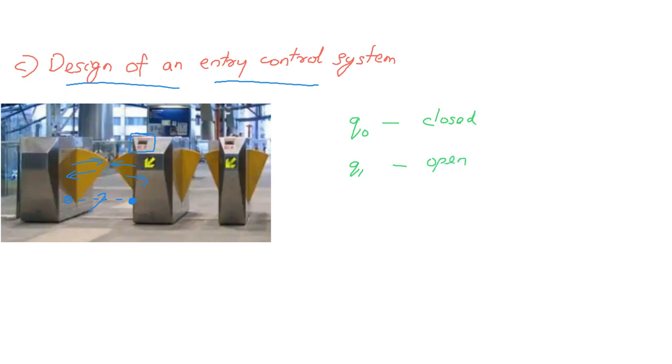So we can draw a transition diagram, or DFA's transition diagram, from Q0 representing Q0 and Q1. Remember, Q0 stands for closed state and Q1 stands for open state.